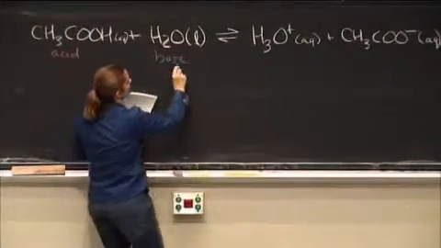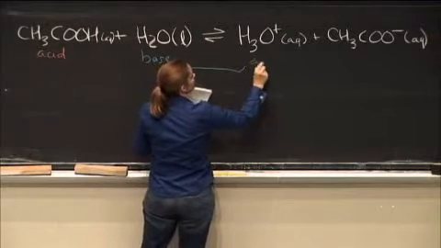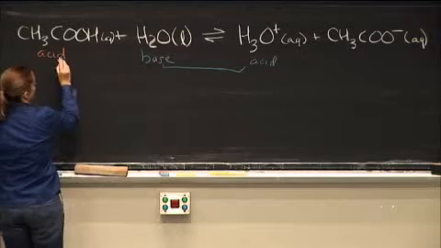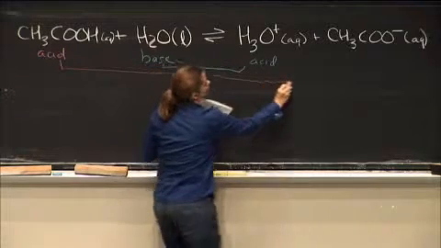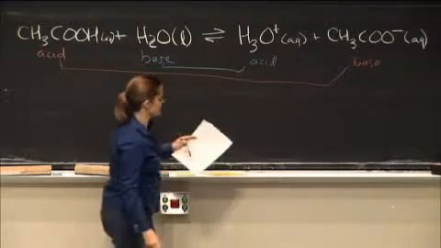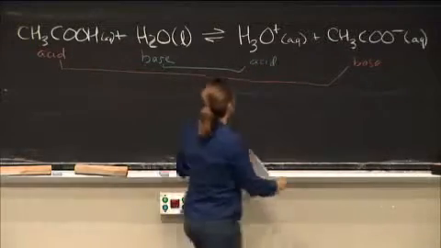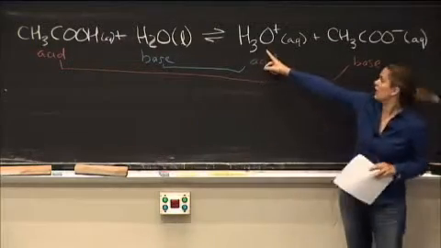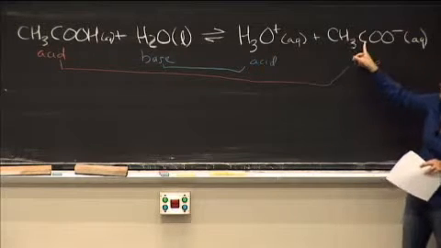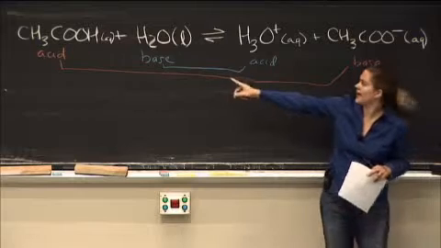And when it accepts the hydrogen ion, it becomes an acid in the reverse direction. Whereas when the acid gives off the hydrogen ion, it becomes a base in the reverse direction. So in the reverse direction, hydronium ion is giving off a hydrogen ion to this base, reforming the acid.